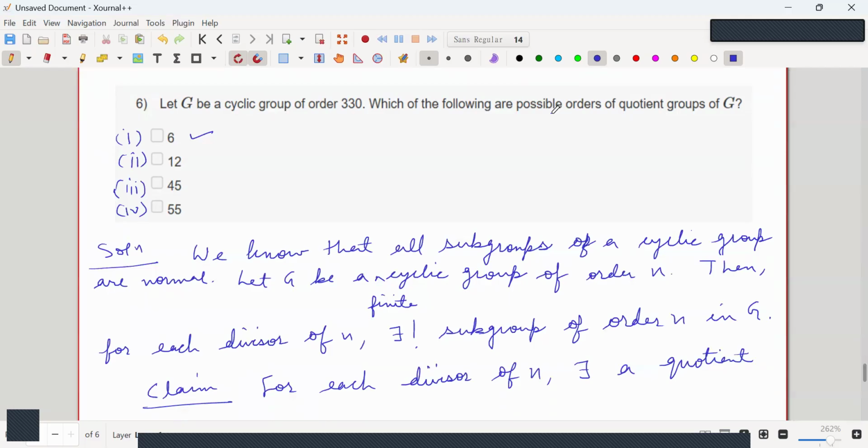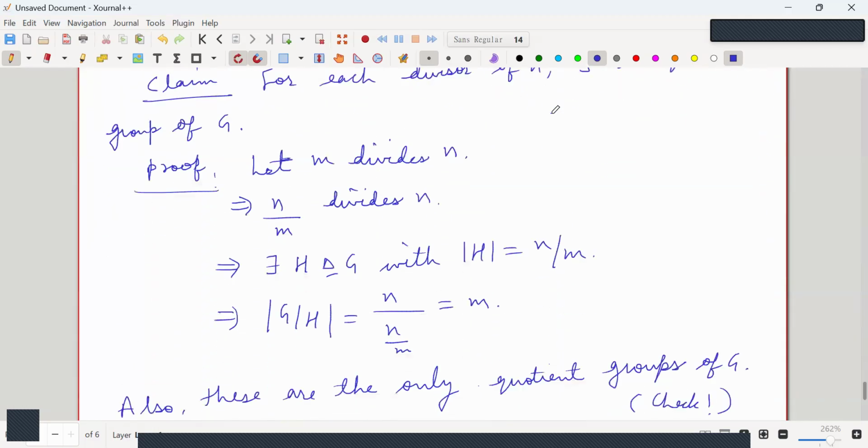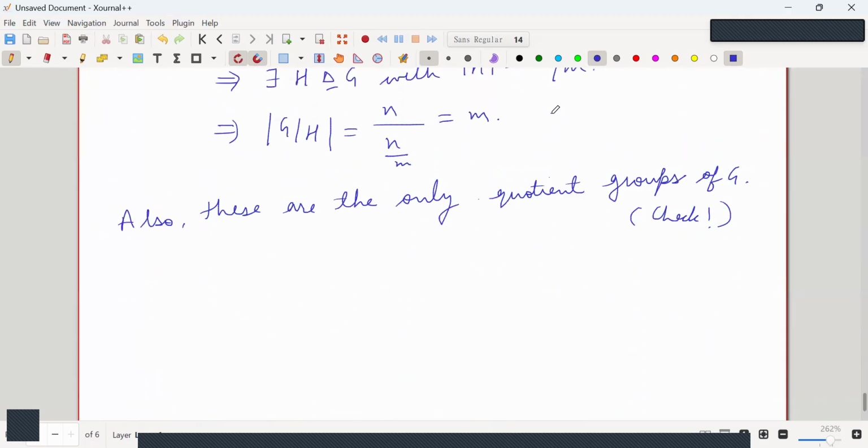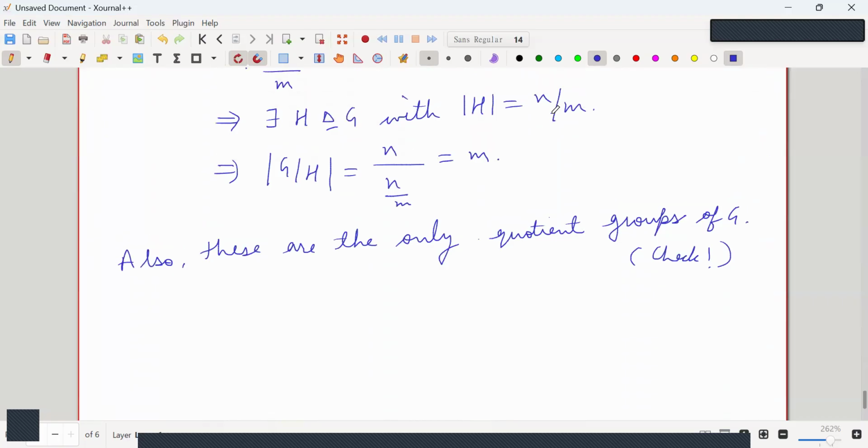So that gives the other side: if something does not divide the order of the cyclic group, then it cannot be a quotient group. This is even true for any group, not just for cyclic groups.